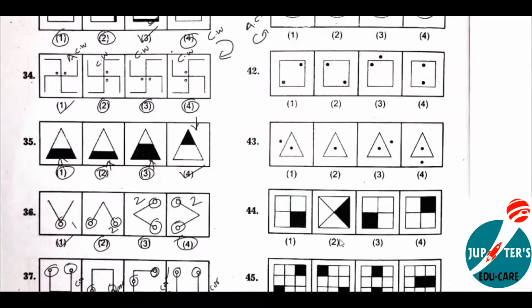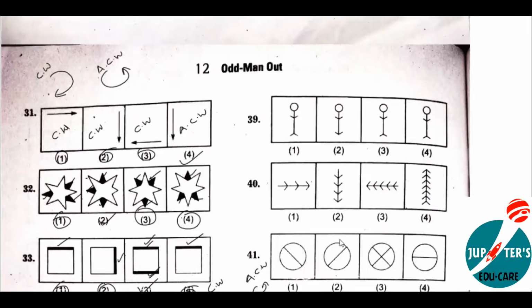Next question number 39. Here, in the first option, in this figure, observe carefully, students. Consider it has a head, hands and legs. In all four options, this circle, the head, is similar. What about hands? Hands are also similar.